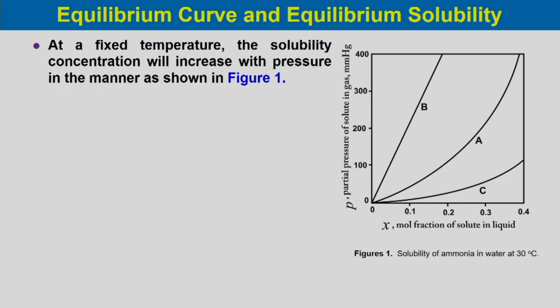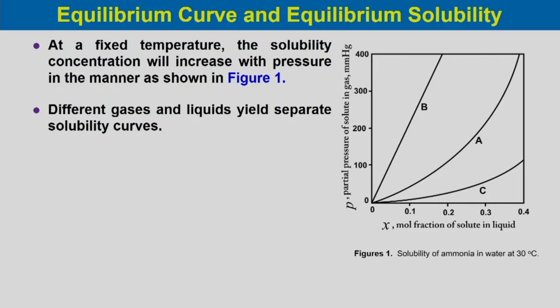Okay, so you can see the solute concentration in the liquid phase will gradually increase as we increase the pressure. Either it is the total pressure of the gas phase if it is a single gas, or if it is a mixture of gases, then you have the partial pressure of the gas.